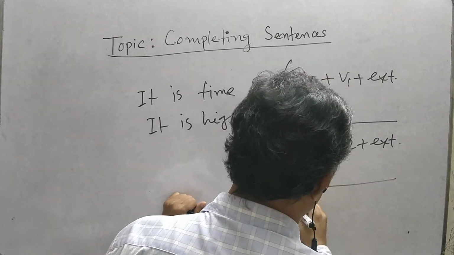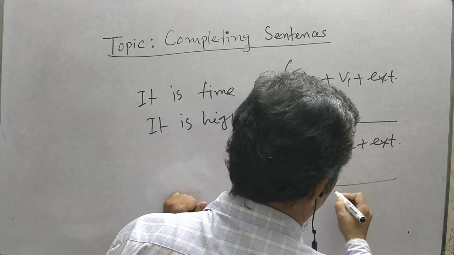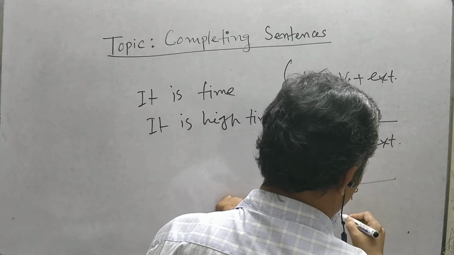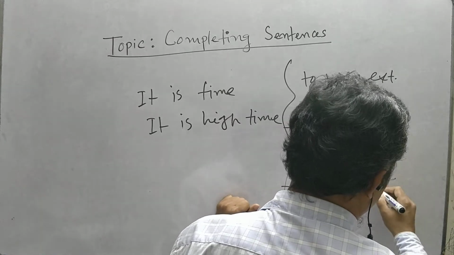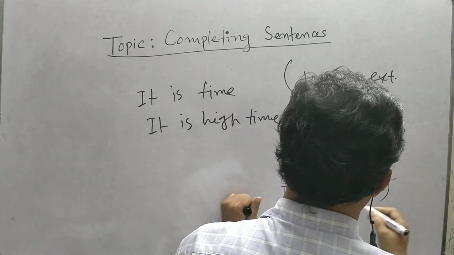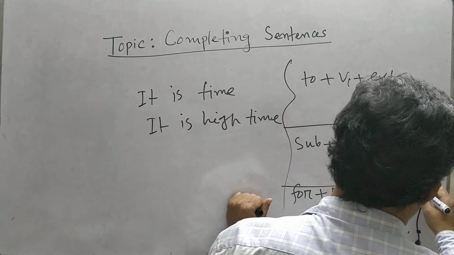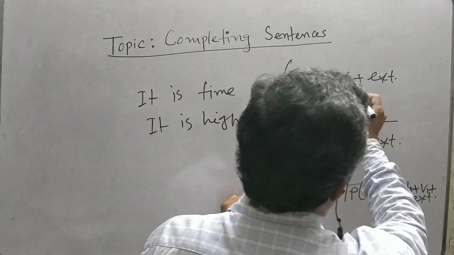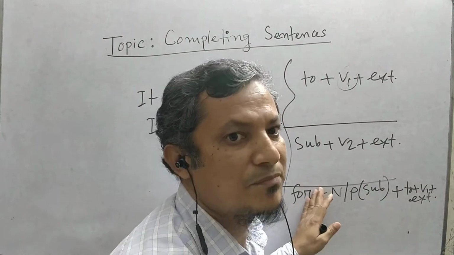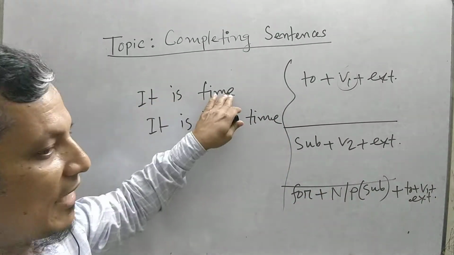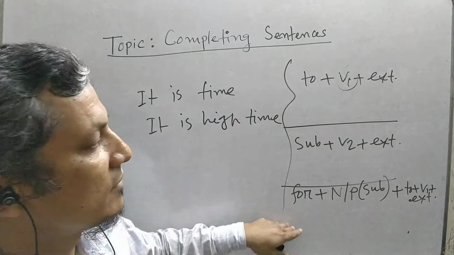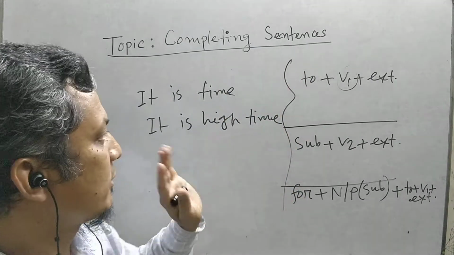Another is for plus noun or pronoun, that means subject plus to plus V1 plus extension. V1 means verb present form. Now I will give three examples for your better understanding.